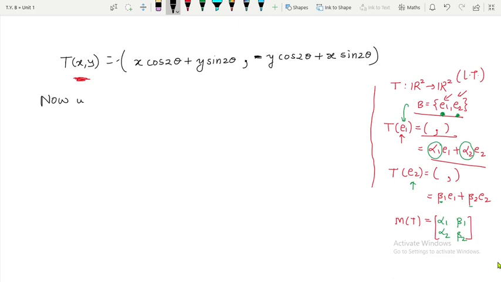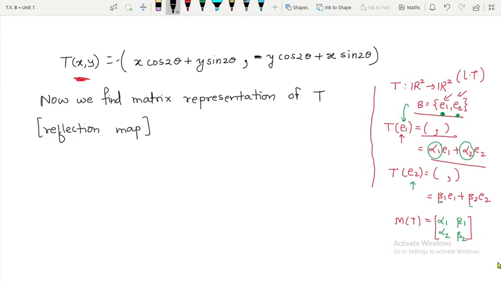Now we find the matrix representation of T. The matrix representation of T, that is, the reflection map, with respect to the standard basis of R2.